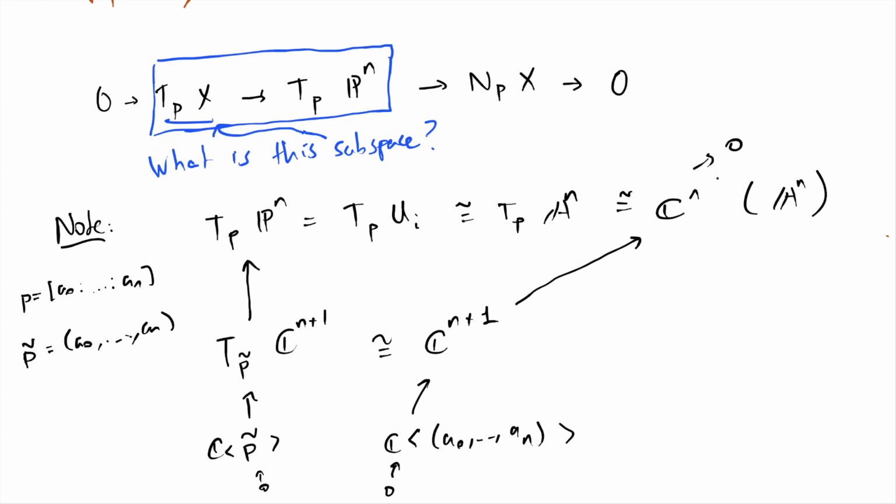And so this is an exact sequence. So this is the kernel of this projection map. And once you understand what this kernel looks like, you can say, well, instead of studying the subspace T_p X, I can study the tangent space of the cone over X. If the tangent space of the cone of X has the right dimension, then T_p X will have the right dimension. So I leave the following as an exercise.